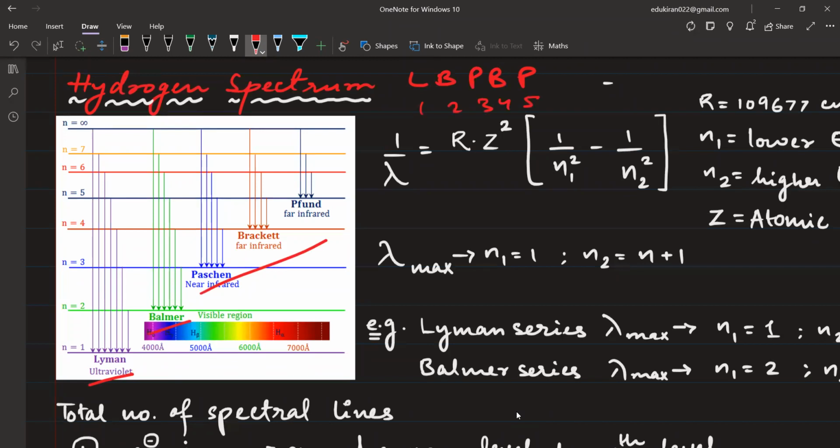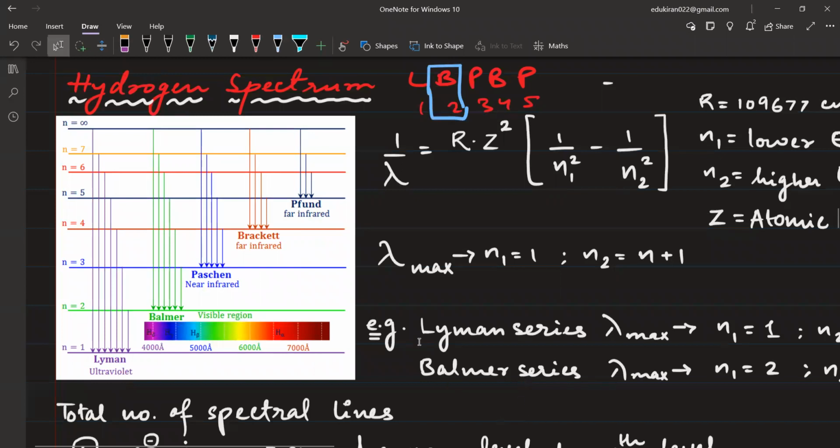That means if the electron is coming to the first shell, then it will be Lyman. Second में Balmer, third में Paschen, then Brackett, and then Pfund. Okay, LBPBP, and in this, the Balmer series is important because it is in the visible region. Directly एक बार सवाल आ चुका है. The Balmer region is for the visible region.